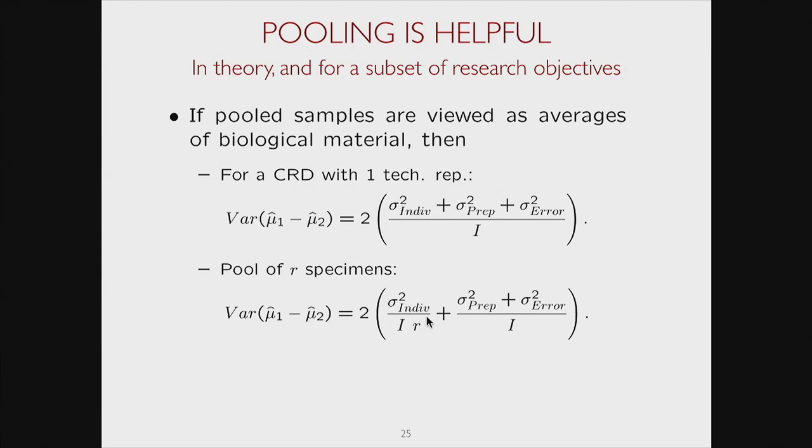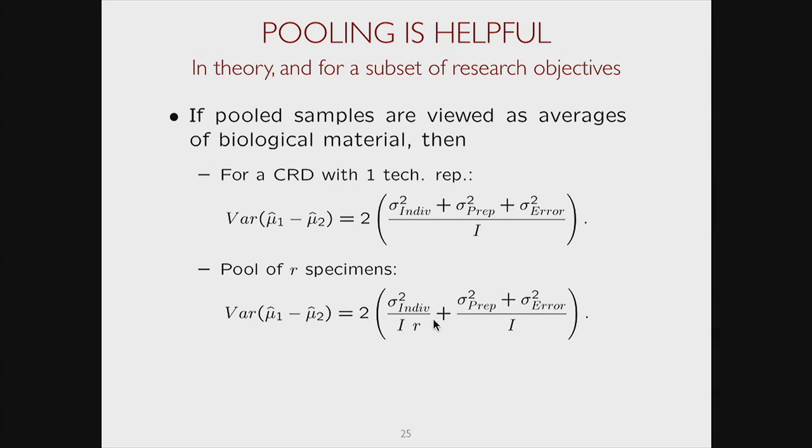So from the mathematical perspective, it is beneficial if we have a fixed number of runs. Let's say we have 20 runs. So if we have 20 subjects, or if each of the 20 runs is actually a pool of multiple subjects, we effectively have more biological replicates within the same number of runs. So this is beneficial because it reduces the variation.